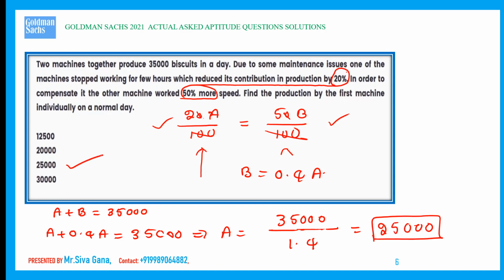Production of A individually is 25,000, so production of B will be 35 minus 25, which is 10,000. Those are the production rates in a particular day. Because the rate of production is different, that is the reason why 20% of A is equal to 50% of B.